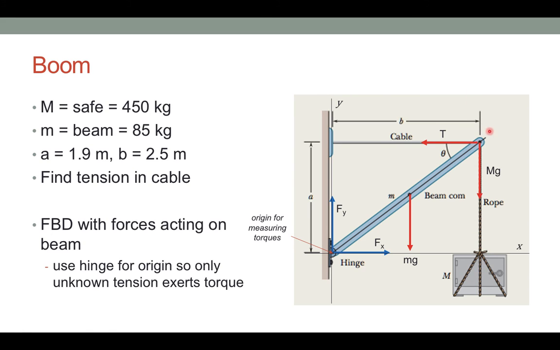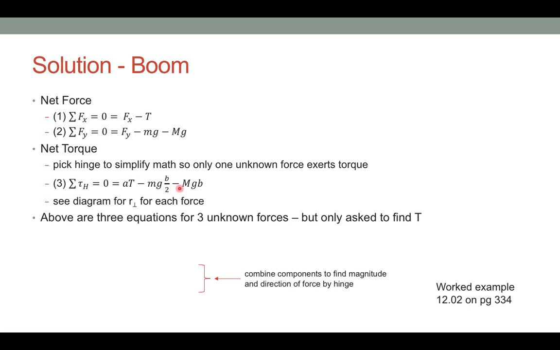The line of action is straight down. The distance from the hinge to the line of action is this distance B right here. And the weight of the beam acts at the halfway point. So those are our two torques, and this gives us an equation we can then solve.